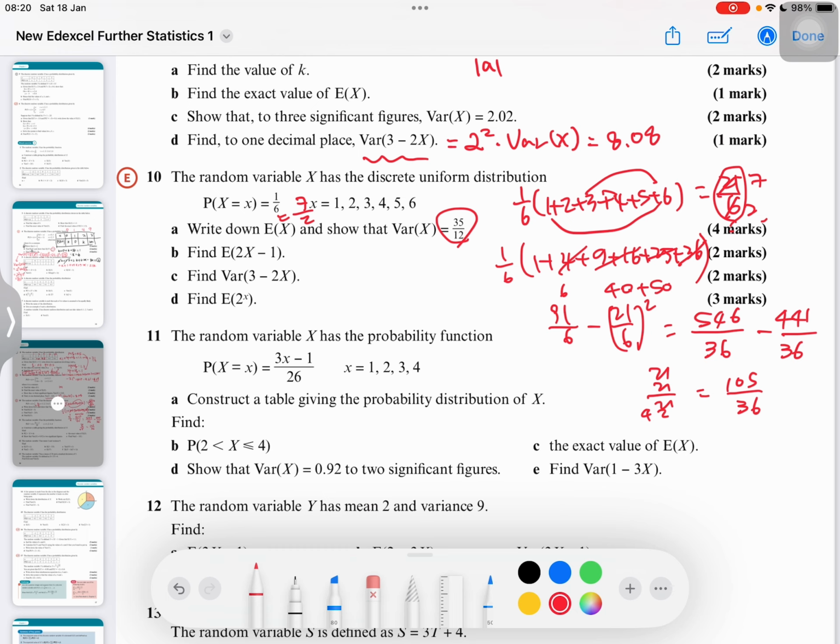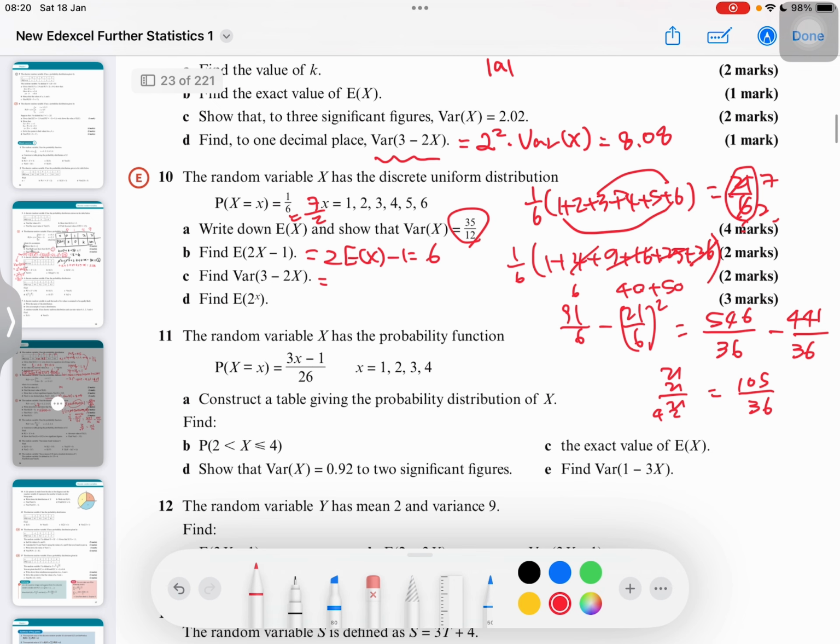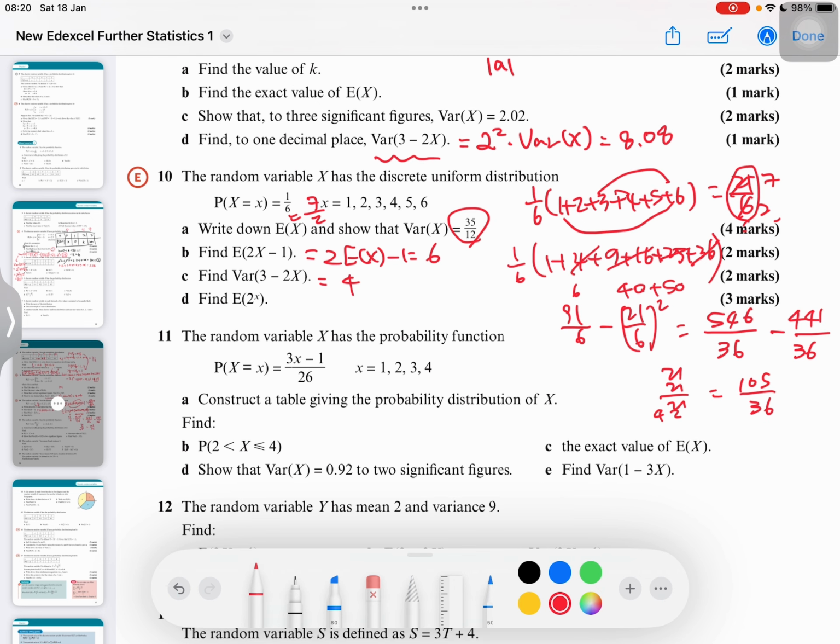The expectation of the transformed data is affected by everything. So for 2x minus 1, 7 minus 1 is 6. And for the variance, we get the effect of a squared. So 4 times 35 over 12, which is 35 over 3.